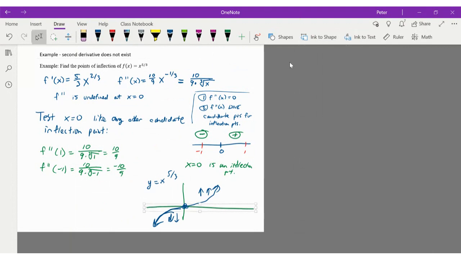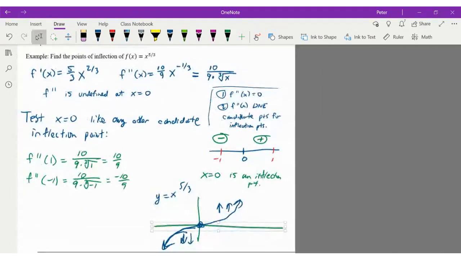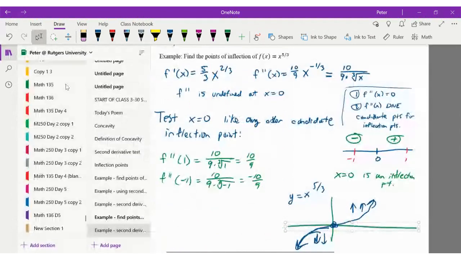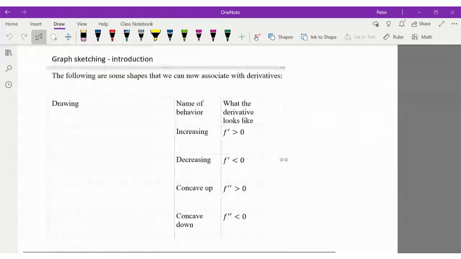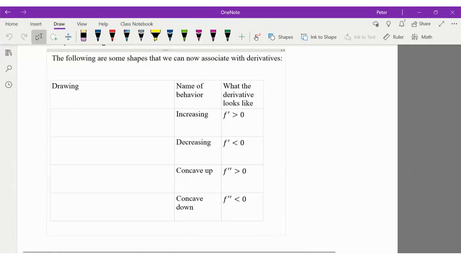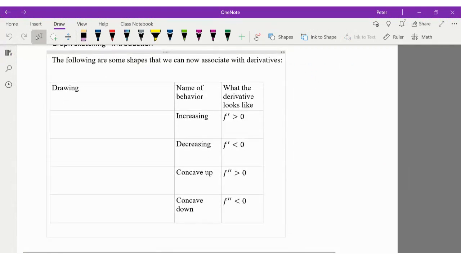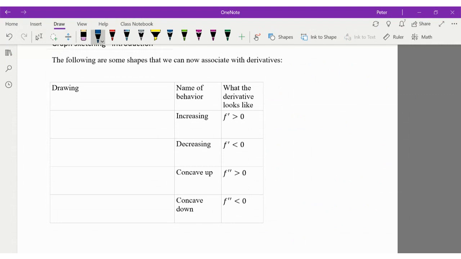So what we've really been doing is talking about the shapes of curves in terms of their derivatives. These are some shapes that we can associate with derivatives that we know. So an increasing function, which looks like this, we can detect because its first derivative is greater than 0.